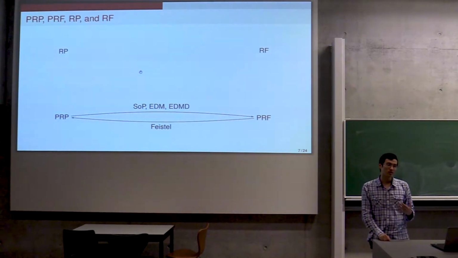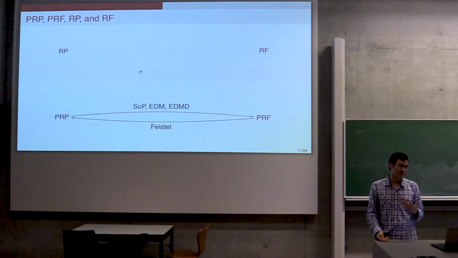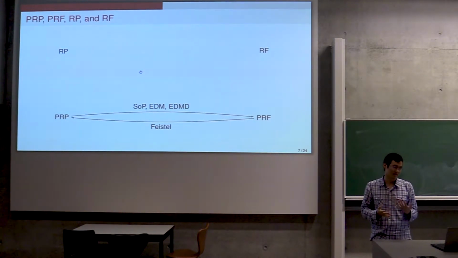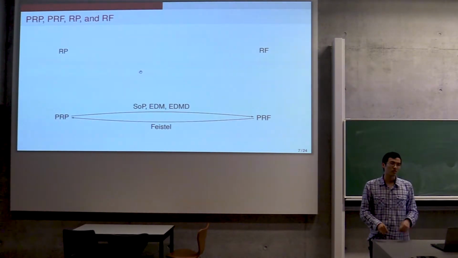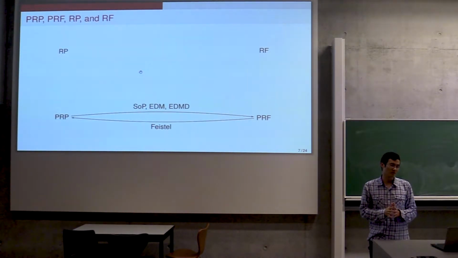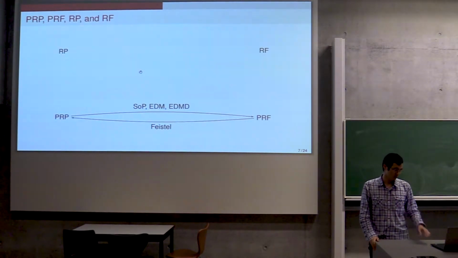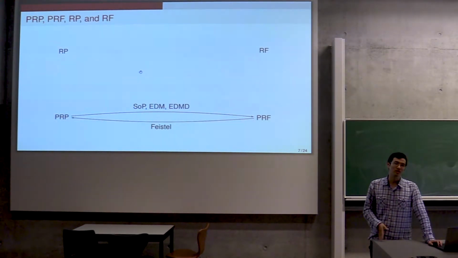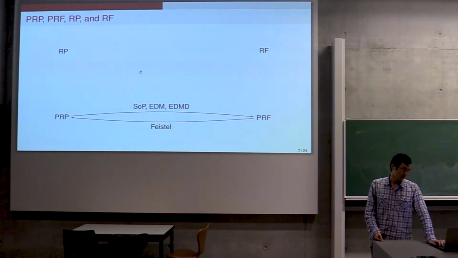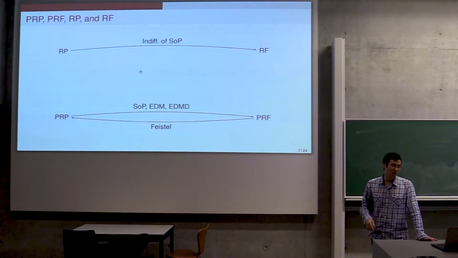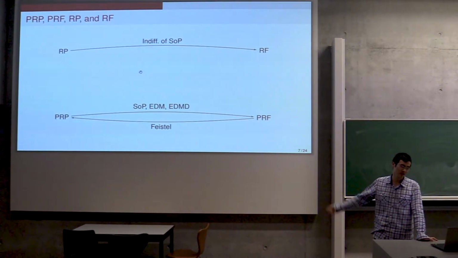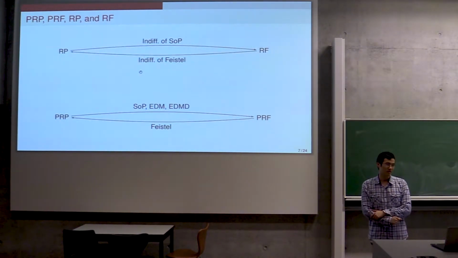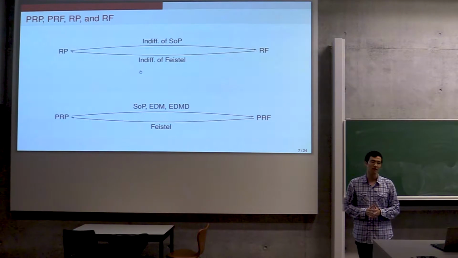The conversion between RP and RF can be considered using a similar technique, where the resulting function is keyless, and we assume that the underlying primitive is ideal. Then we can prove the security of this construction in the indifferentiability framework. From RP to RF, it's usually the indifferentiability of some permutation, and from RF to RP it's usually the indifferentiability of the Feistel cipher.